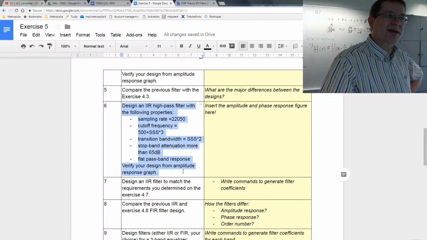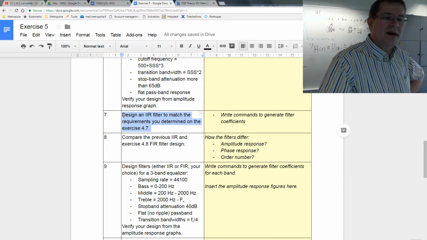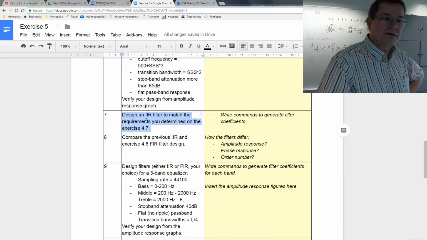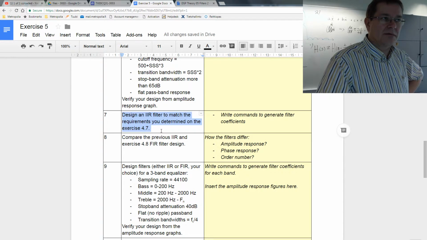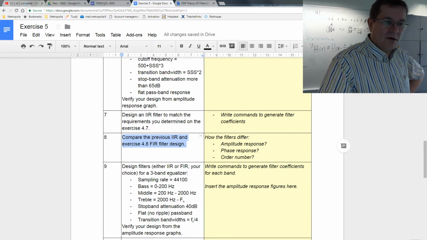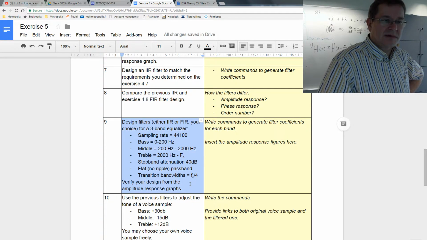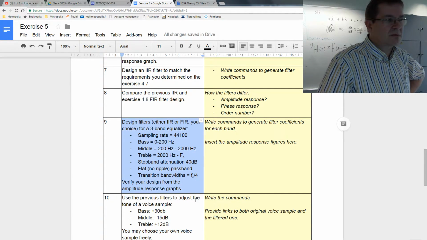So low pass, high pass. Then IIR filter, same as on the FIR filter. Comparison. Then again, same.